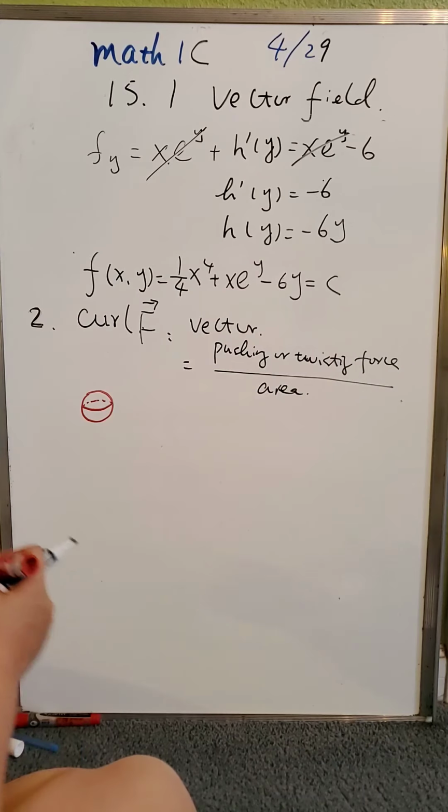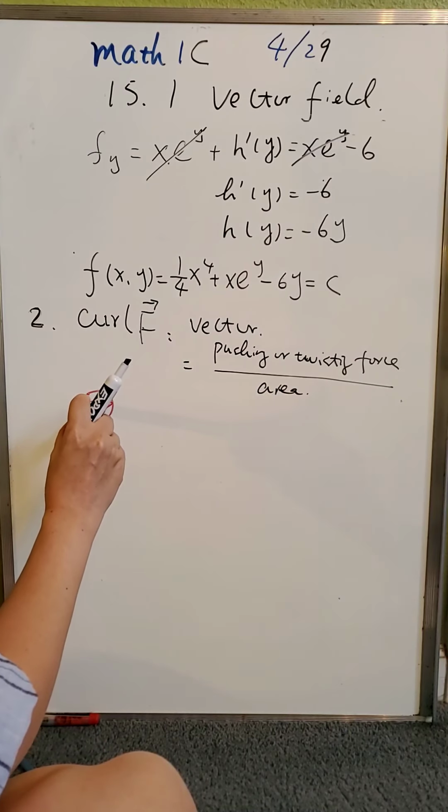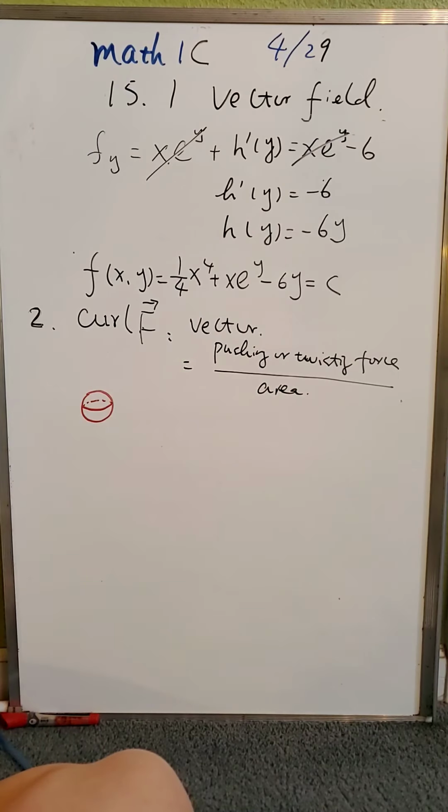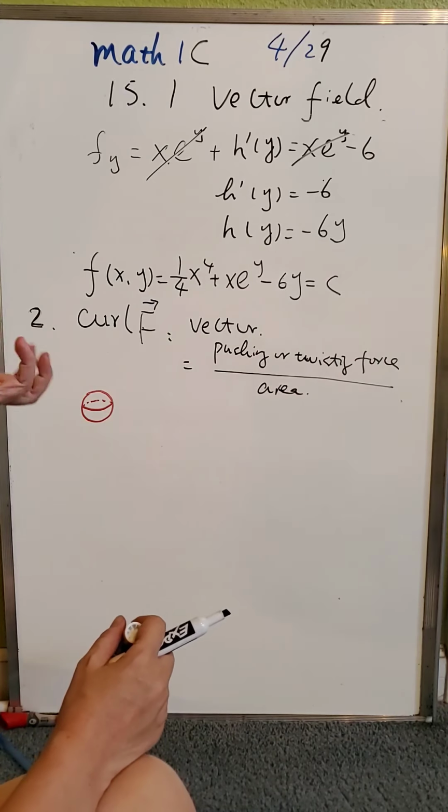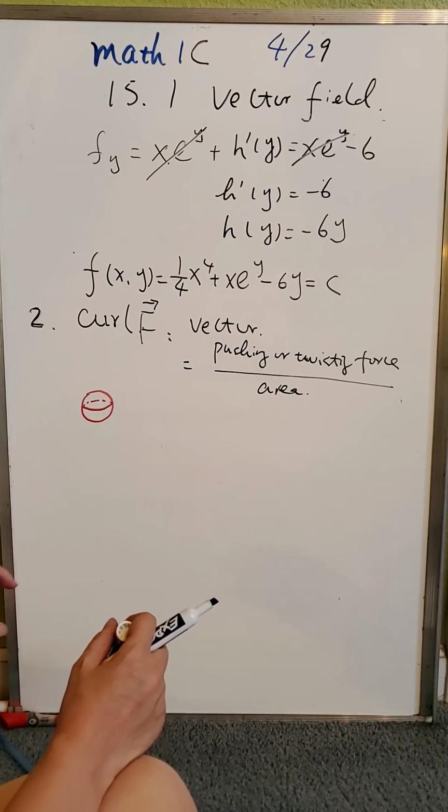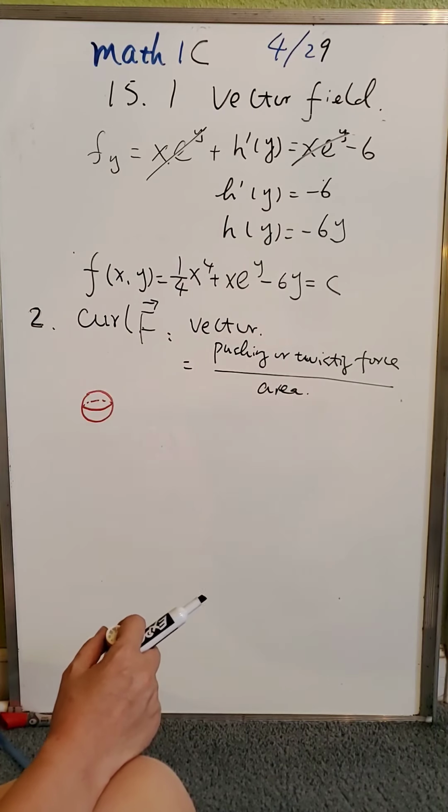I'm going to just use the water, and I'm holding it. So let's say I put this into water. I want to see if the water has any curl or not. It means any certain force in different areas, you know, like that, okay? You step into water, and all of a sudden it just pushes you away.